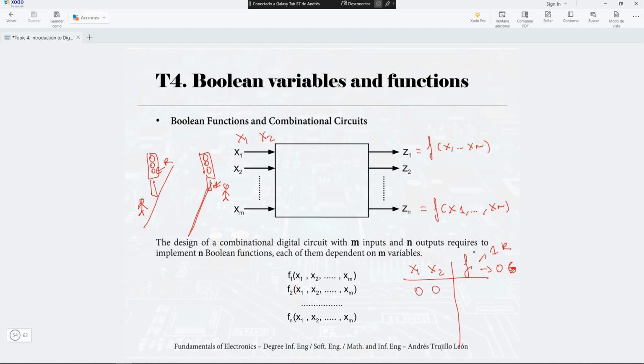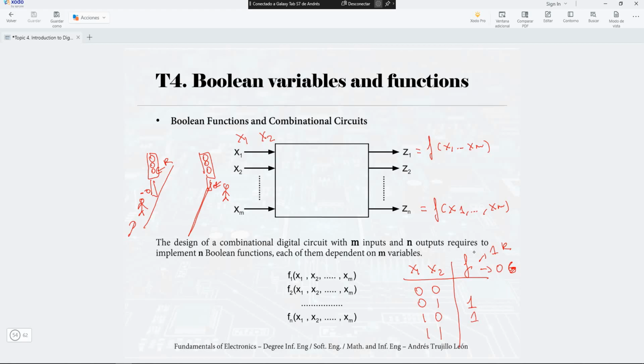So if one of the pedestrians presses the button, they are going to activate the red light. If the pedestrian on the right presses the button, it activates the red light. If the pedestrian on the left presses the button, they activate the red light.